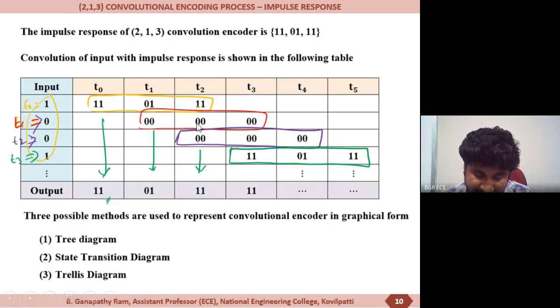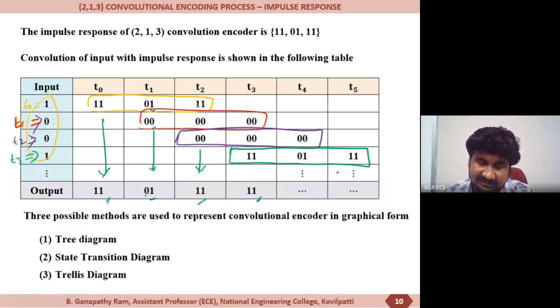You will get 1, 1 here. Here you will get 0, 0, 0 and 1, 0, 1. Similarly, the modulo addition of all these three will produce 1, 1. And similarly, all these three produce 1, 1. And here we cannot proceed further with the determination of all these three, since we don't know about the further inputs given to this encoder.